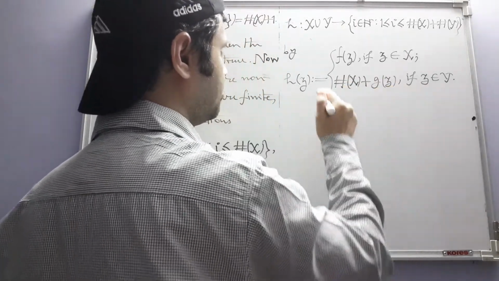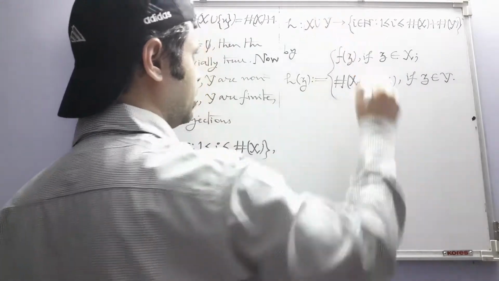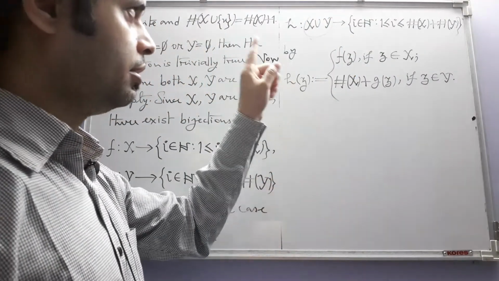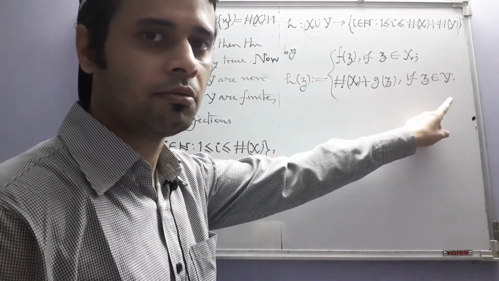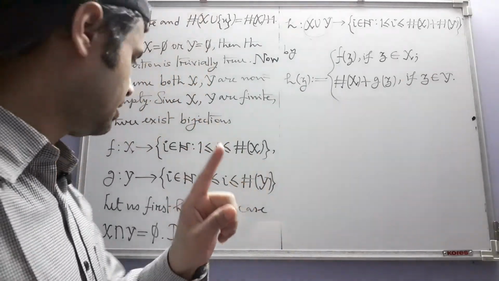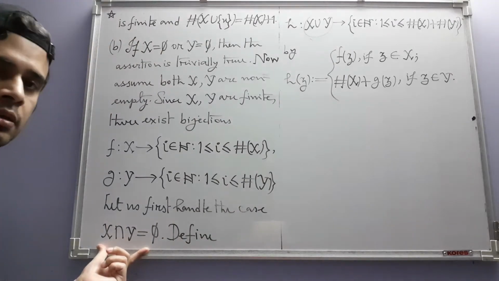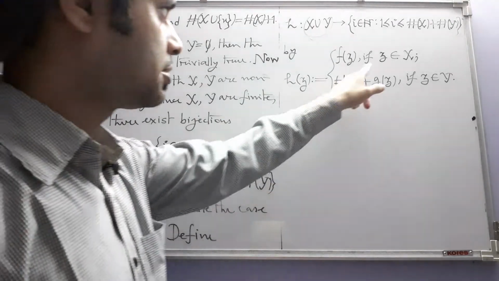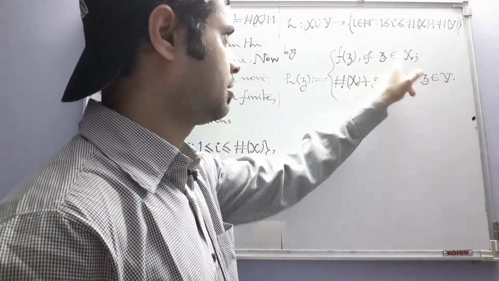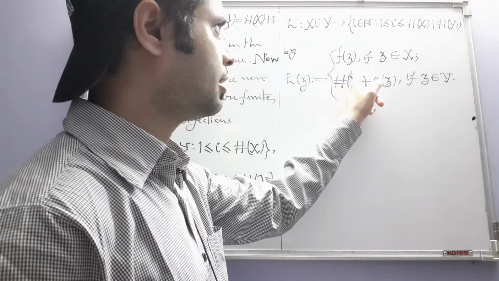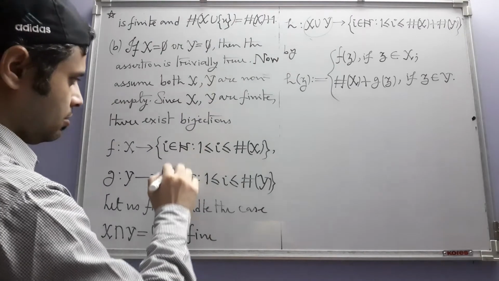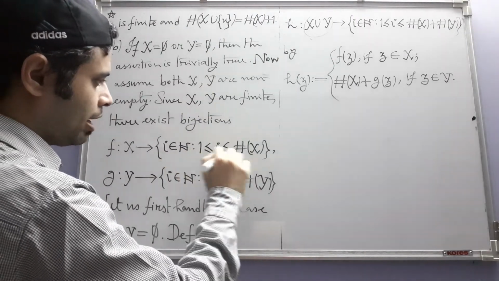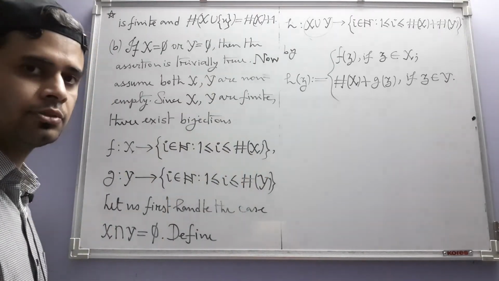We take an element in the domain of h. This element will either lie in x or in y, but not in both at the same time, because x and y are disjoint. So say z lies in x, then the image is f of z, which is lying between 1 and cardinality of x.